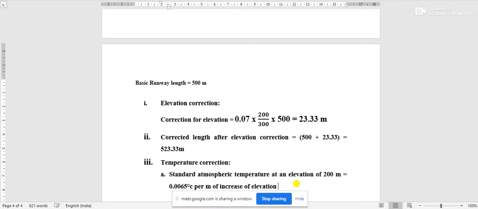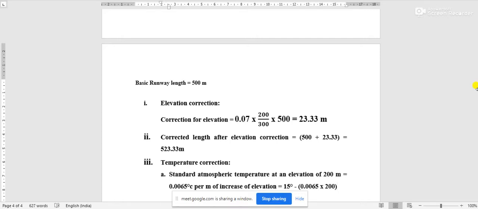And here the total change of elevation is 200 meter. That means the standard atmospheric temperature, at ideal condition, is 15 degrees minus the change of temperature, that is 0.0065 multiplied by 200.